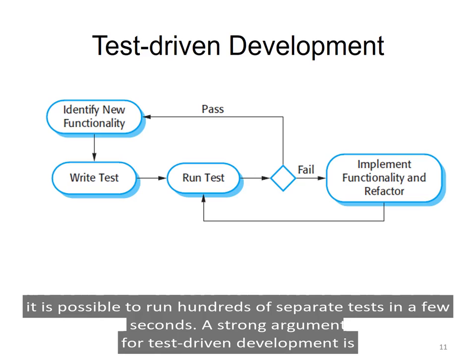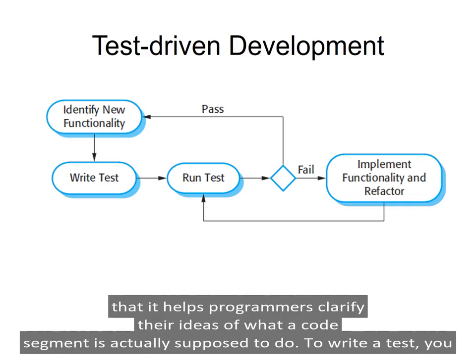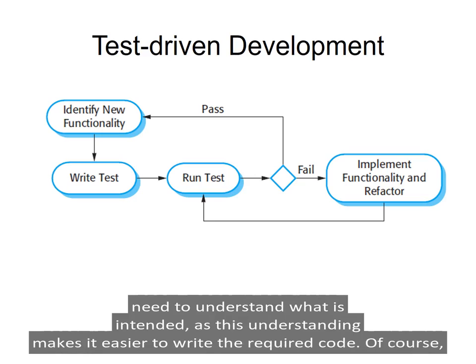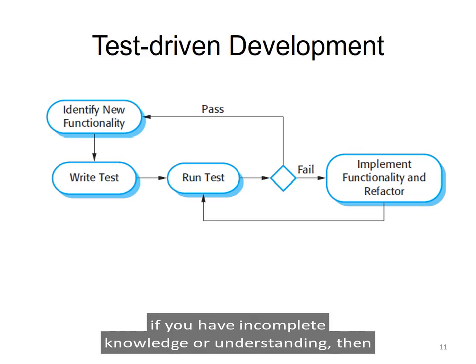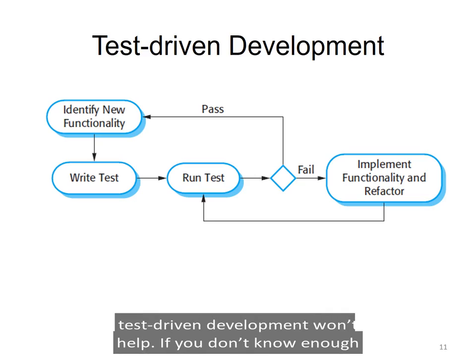A strong argument for test-driven development is that it helps programmers clarify their ideas of what a code segment is actually supposed to do. To write a test, you need to understand what is intended, as this understanding makes it easier to write the required code. Of course, if you have incomplete knowledge or understanding, then test-driven development would not help.